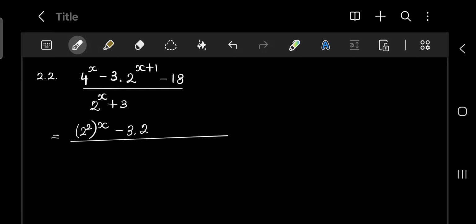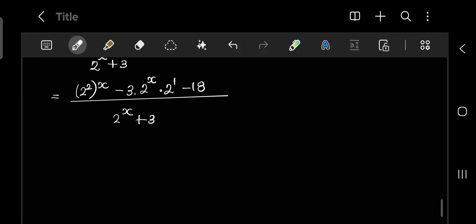Everything else will remain as is for now. Or actually, what I can do is, I notice that this 2 has 2 terms in its numerator, so I'm going to split it up as 2 to the power x and 2 to the power 1. And I'll keep everything else as is.